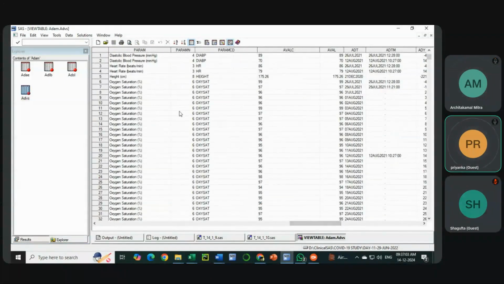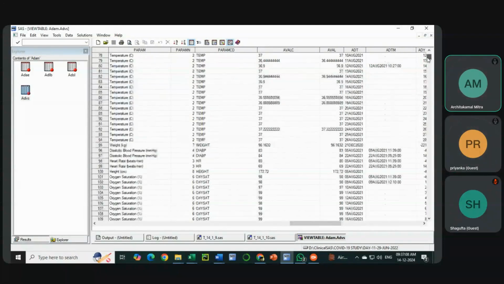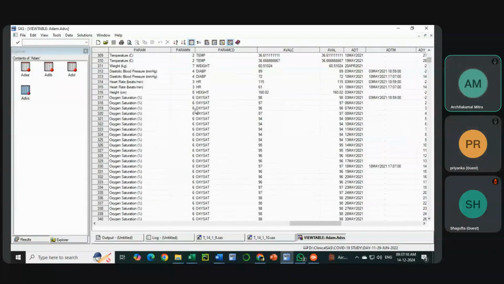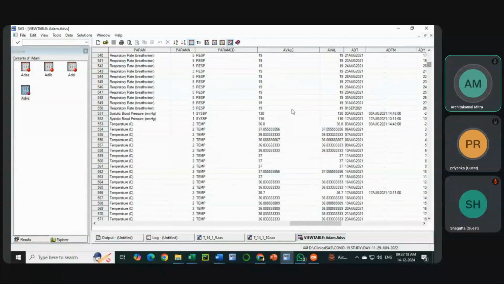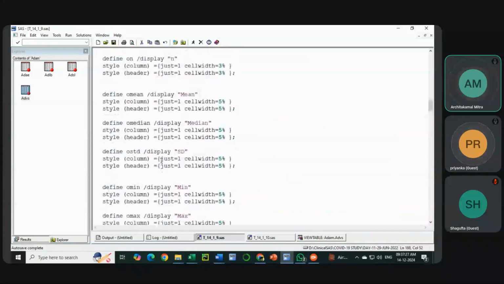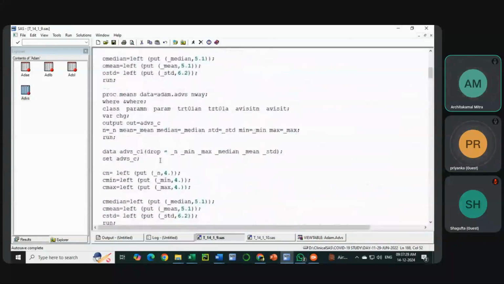Check, 1, 3 is heartbeat. So we got heartbeat. 2 is temperature. And 1 is systolic blood pressure. Now you can check, you can use 5, 6, 7, whatever. So this is the deciding factor here while we are doing proc means.